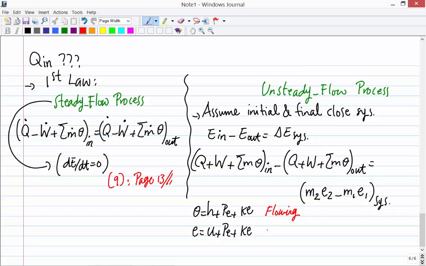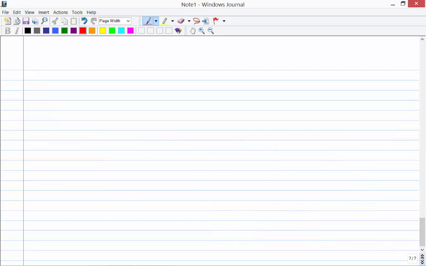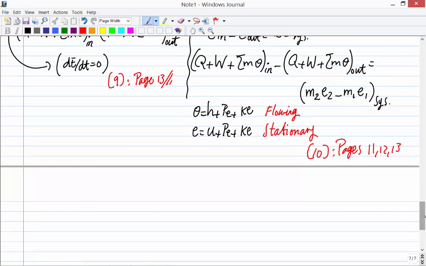And this one is for stationary or closed systems, or at specific points. And please check lecture 10, pages 11, 12, and 13.